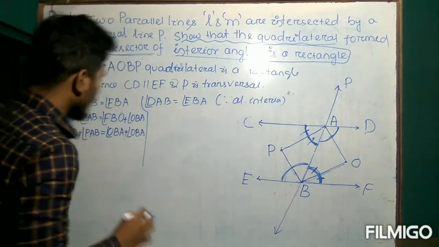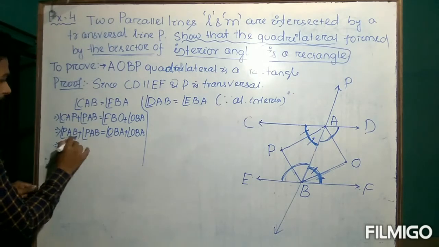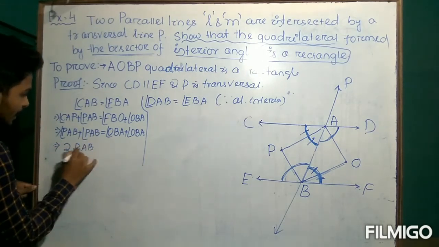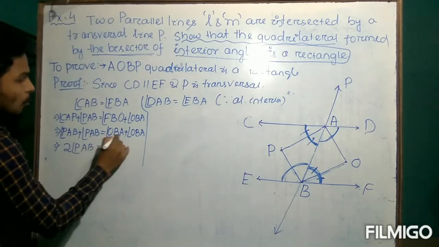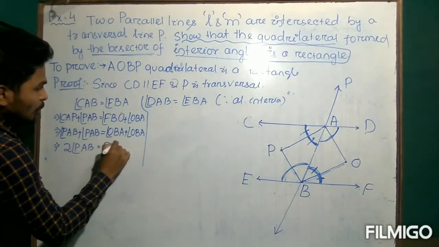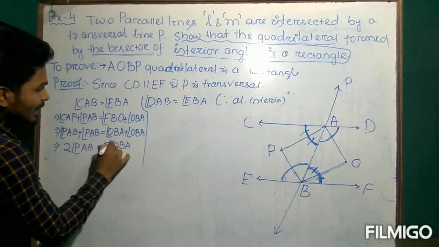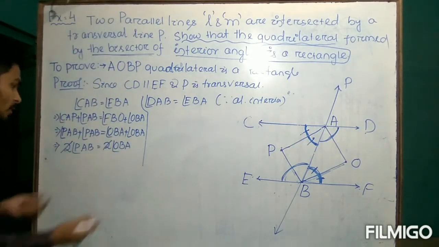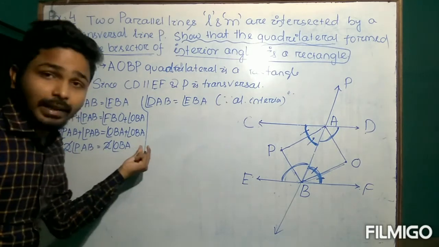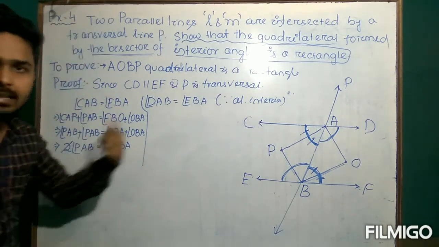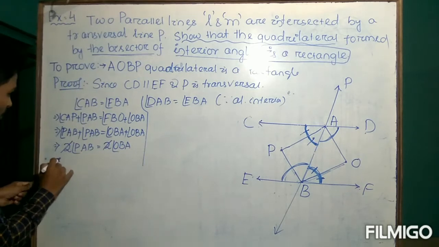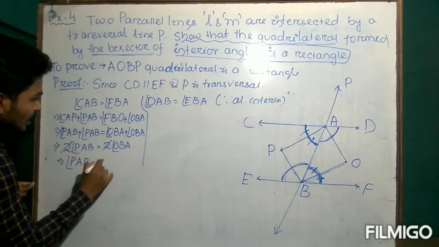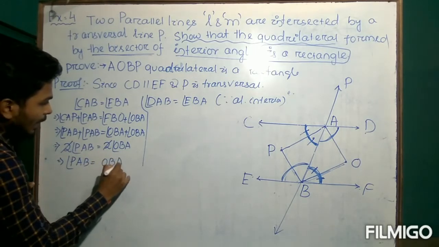Is it clear? PAB plus PAB is 2 times PAB. Similarly, OBA plus OBA means 2 times OBA. Now these two can be cancelled out. If you take this 2 to the right hand side, then these two will be cancelled. So next you will find PAB is equal to OBA.